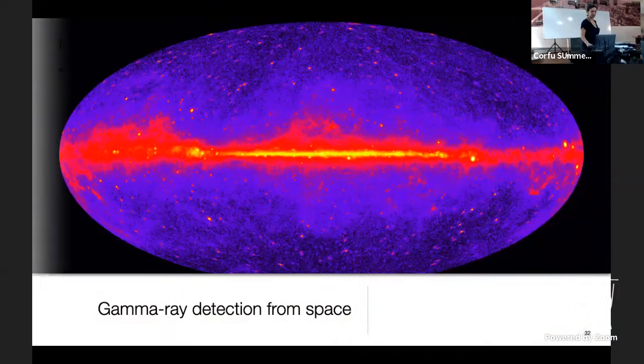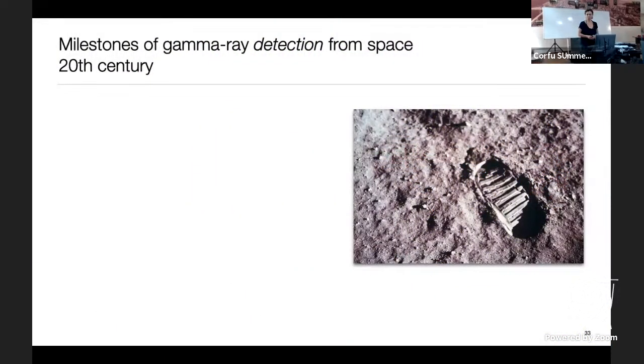Let's go now a bit more into these different satellite methods, but let's start with a historical overview. The milestones started with the theoreticians who said there probably would be gamma rays from the sky. We expect gamma ray emission from non-thermal explosions, for example.